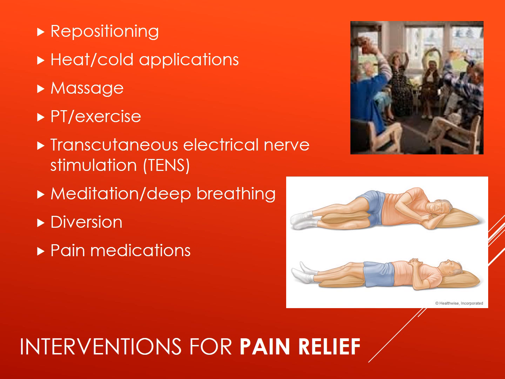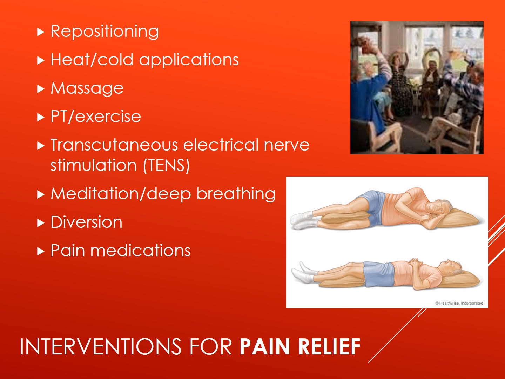It is important to include more than just pharmacologic interventions to promote comfort. Other physical measures can prove useful as well, such as heat or cold application, massage, diversion, and meditation. Follow up to determine if the interventions are effective. What level of discomfort is acceptable to the resident?